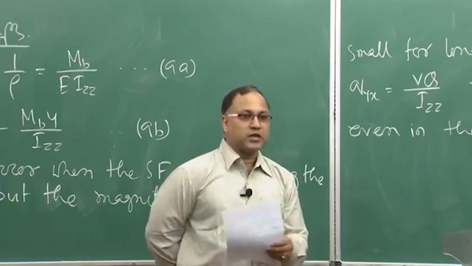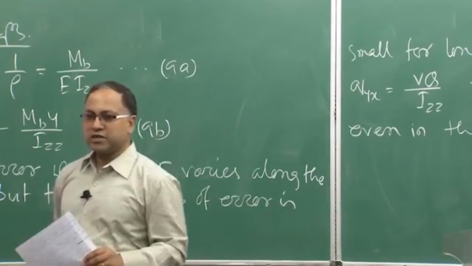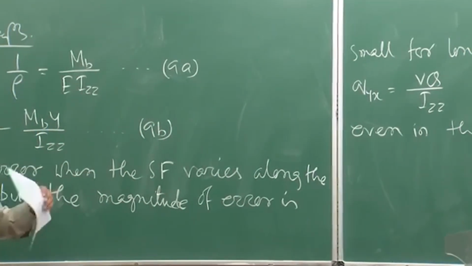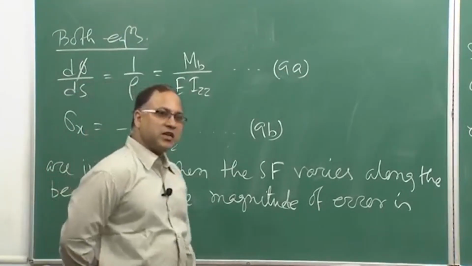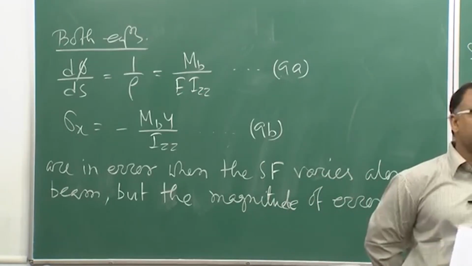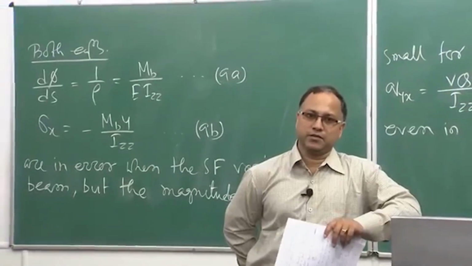So if you consider the very general situation, where shear force and bending moment both vary with x, we can still use these equations to find the bending stress and the shear stress. That will not create significant error in the analysis.